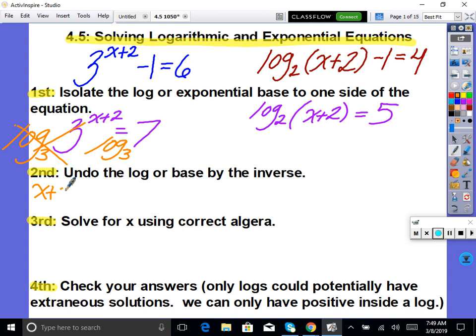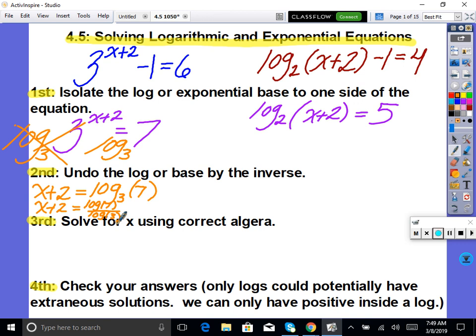So we would have x plus 2 is equal to log base 3 of 7. Shouldn't I do the change of base formula with that log base 3 of 7 so that I can use my calculator, right? The change of base formula says I can rewrite this as x plus 2 is equal to what? Good, log of 7 over log of 3. So now we've done the second step.